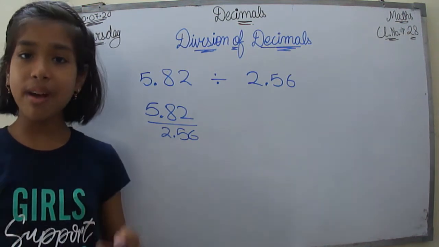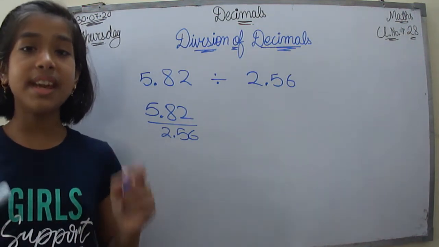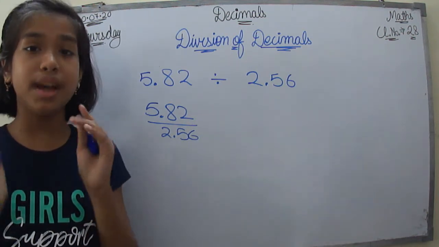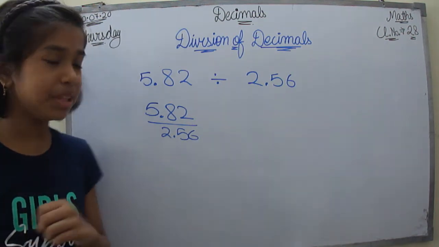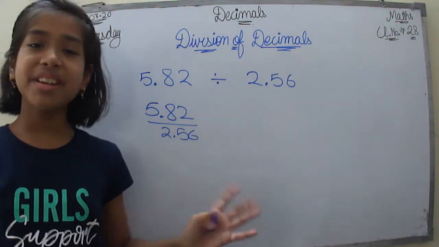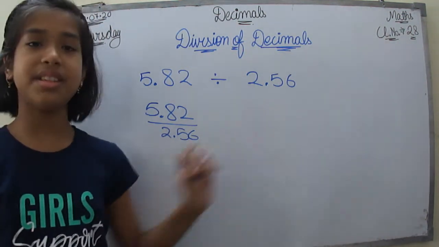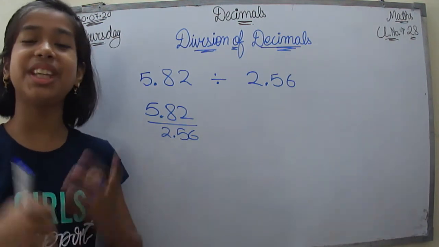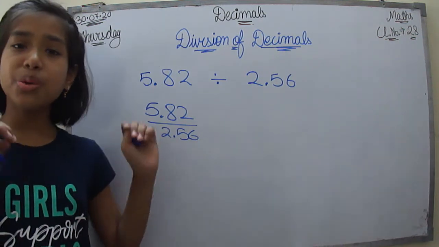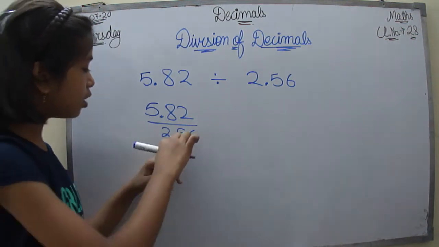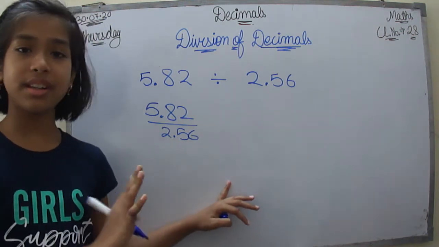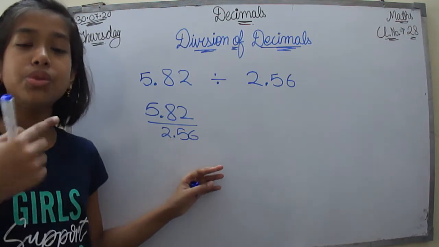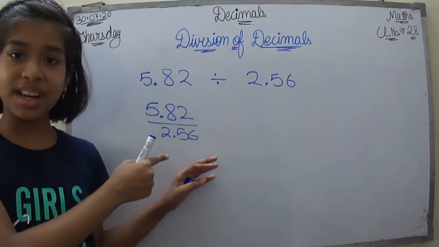And then what you have to do is get rid of the decimal point in the divisor. How can you get rid of that? Very simple, just shift the decimal point to that side. But one thing you have to keep in mind is that you can't only shift the point in the denominator. You have to do the same thing to the numerator also.